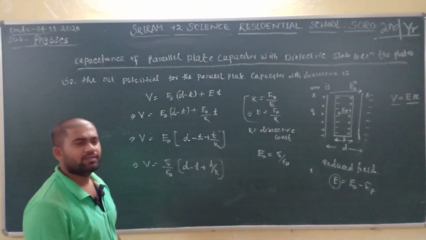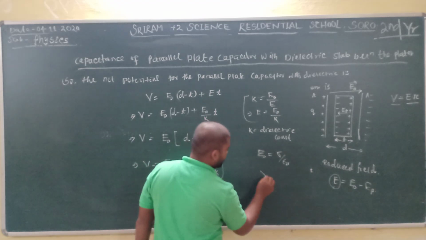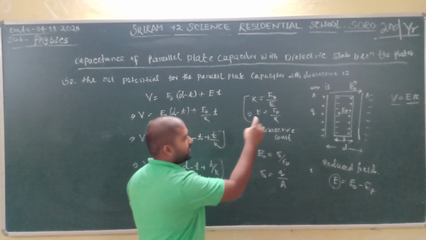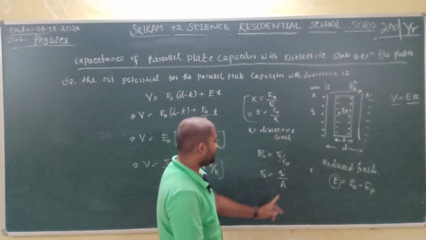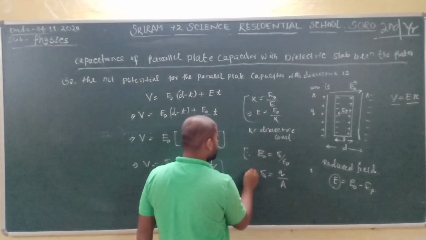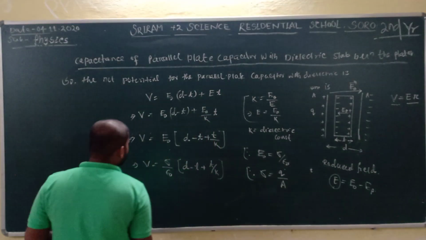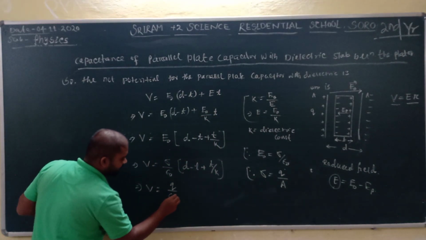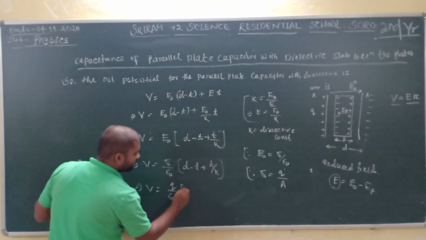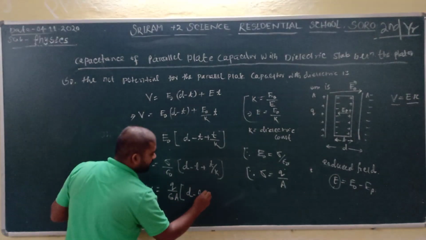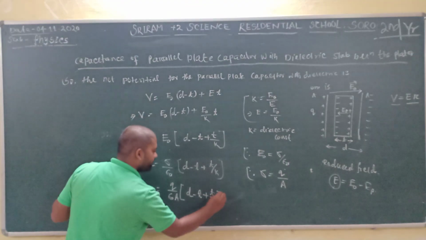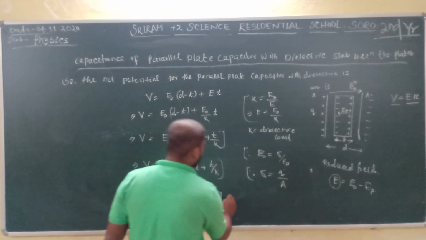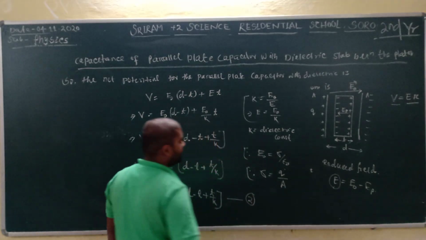Again, what is sigma? Sigma is the surface charge density, and sigma equals Q by A. Q is the charge, A is the area of the plate. So, V equals Q divided by epsilon naught A whole into d minus t plus T by K. So, this will give the potential in between the plates of the capacitor.